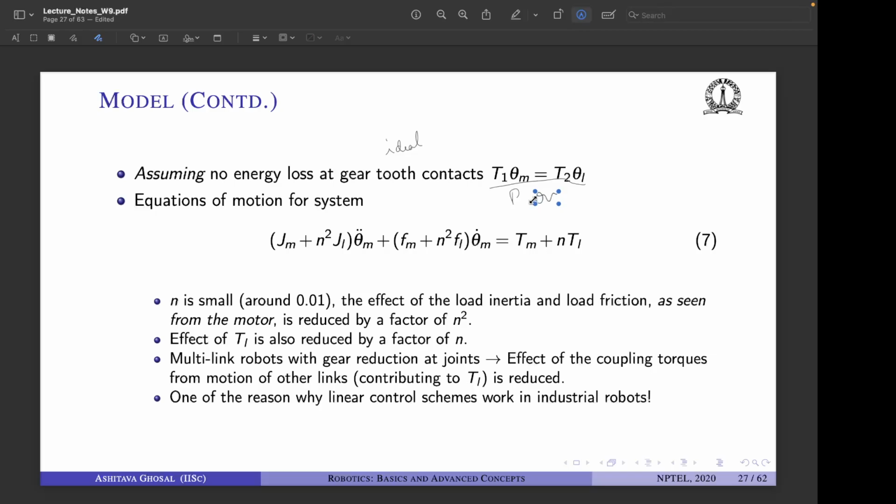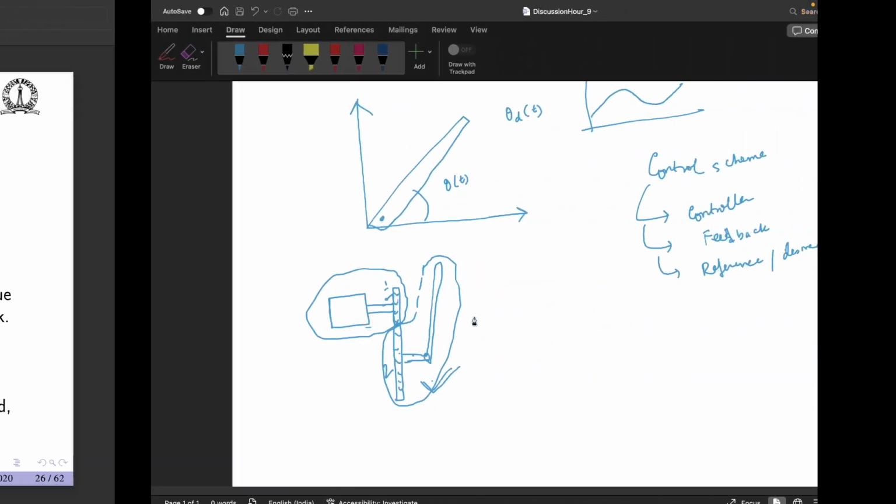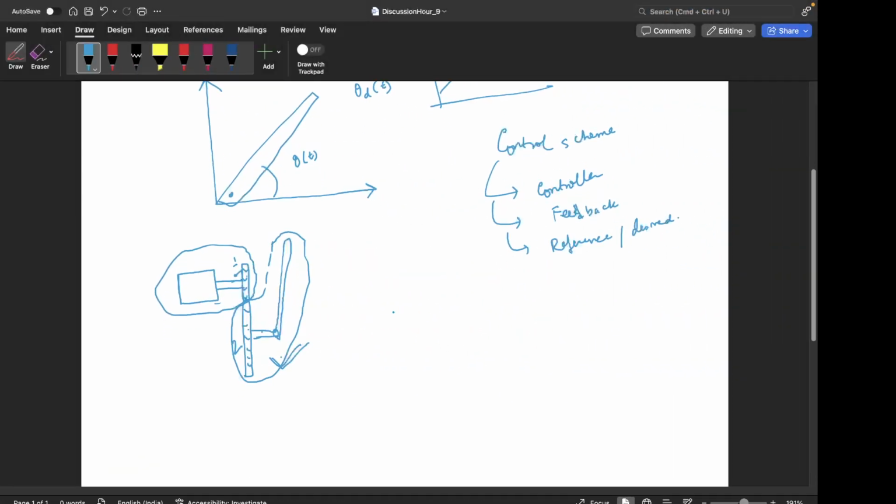So what we are saying is that the power transmission is 100%. There is no loss. So we can write this equation of motion for the entire system, right? So this and this can together be written like that. So let me just write down and show you how that comes.